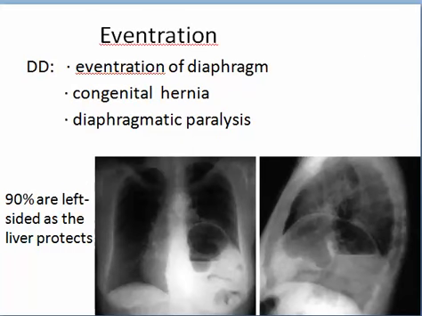What is eventration? Diffuse eventration is 90% on the left side, as the liver protects on the right side. The differential diagnosis of eventration is congenital herniation and diaphragmatic paralysis.